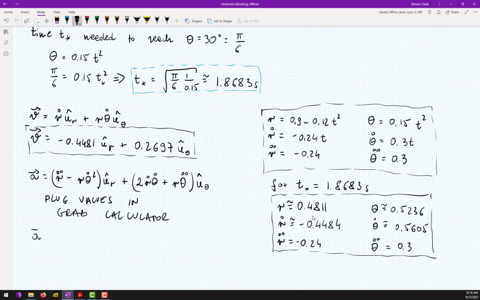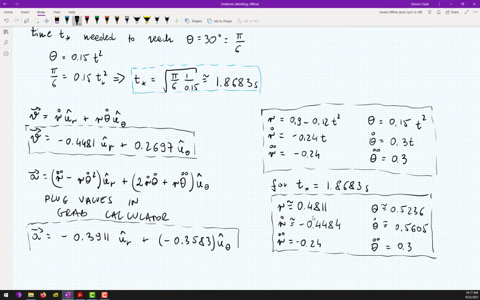Okay, if you do it, you will obtain minus 0.3911 ur plus negative 0.3583 u theta. That's it.